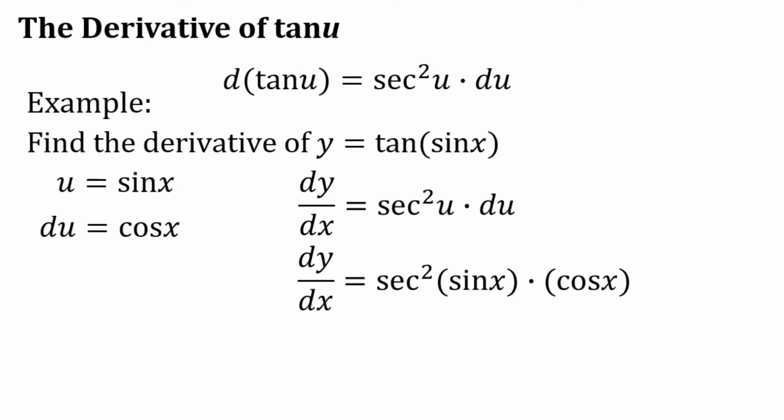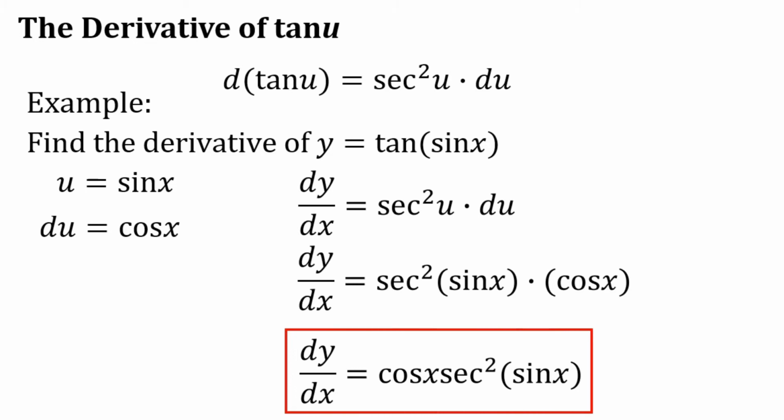Just like what we did in previous examples, write du before secant square u. So our final answer will be dy over dx equals cosine x times secant square of sin x. This is our final answer.